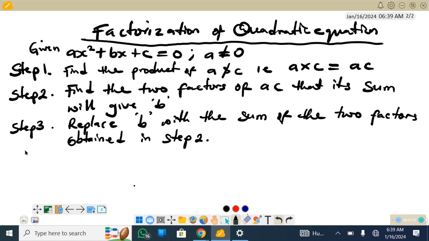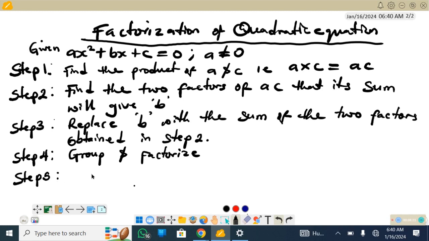After you have replaced, the next thing to do, which is step 4, is to group and factorize. When you have grouped and factorized this part of the equation, the next thing now is to solve for s.